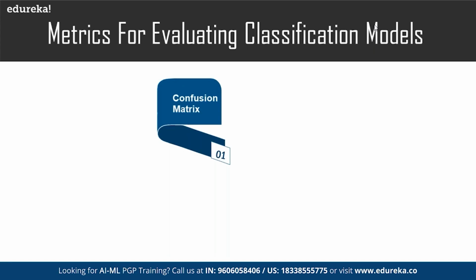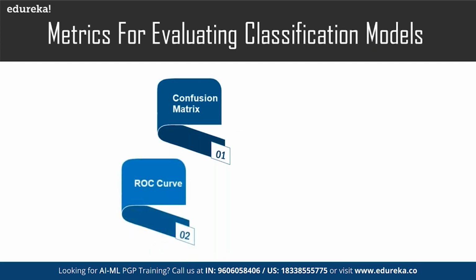So let's see other types of evaluation metrics. Another one is the ROC curve, which is very popular. The AUC curve is also widely used, in healthcare sectors and various other sectors too.